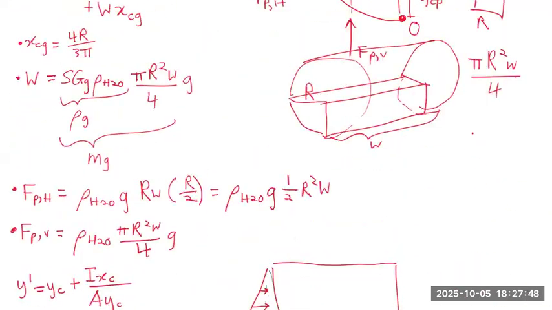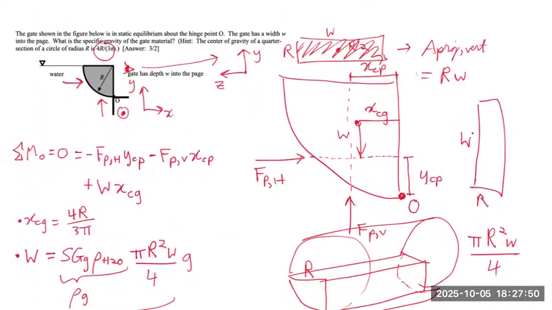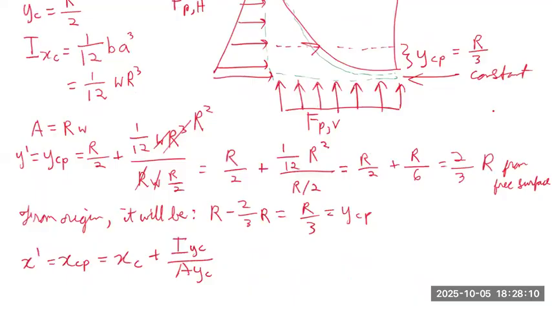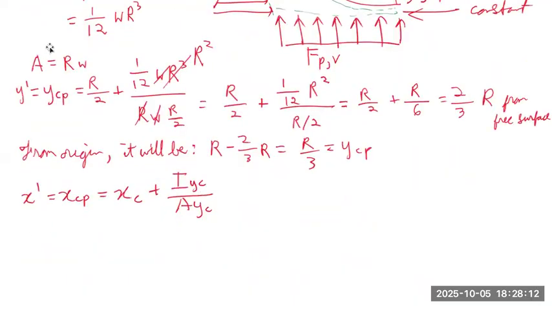And that is going to be equal to, I believe, R over 2 as well, since this distance horizontally is R over 2. So XC equals R over 2. Now what is IYC?